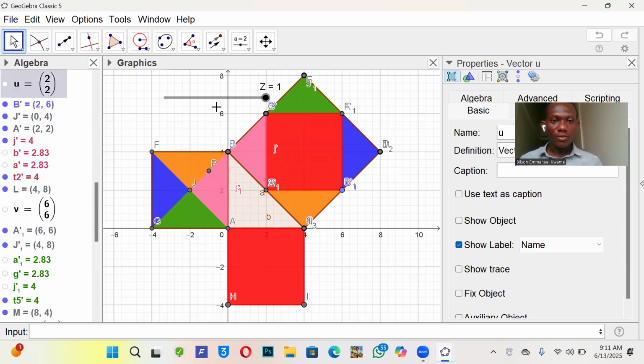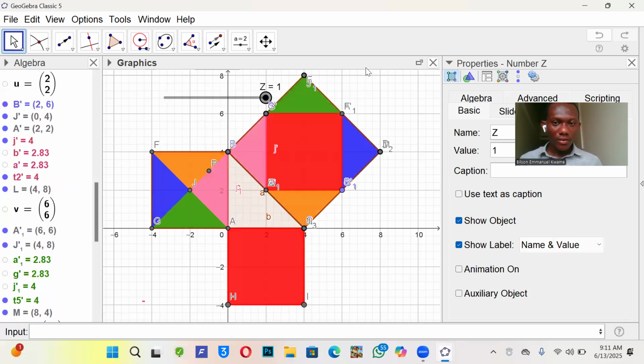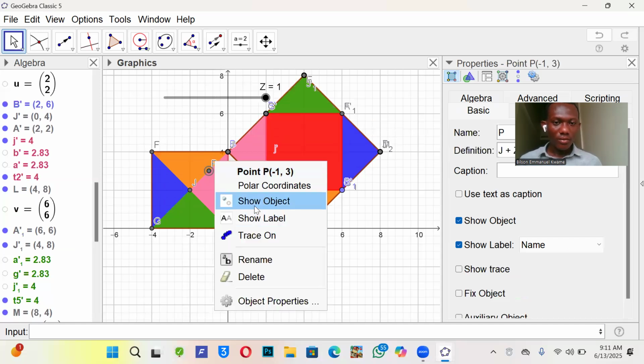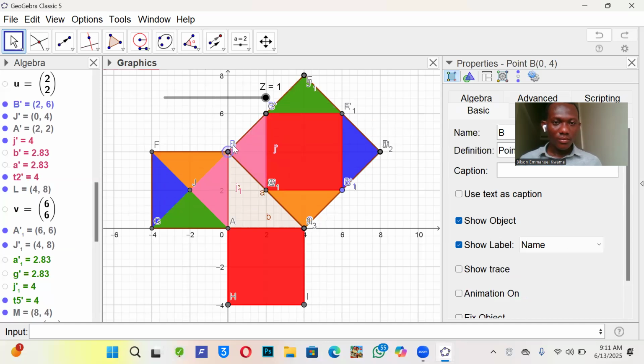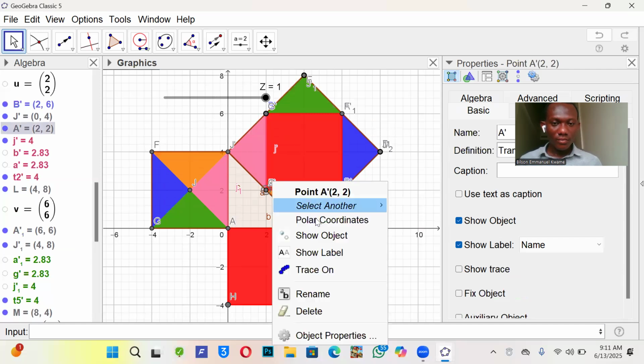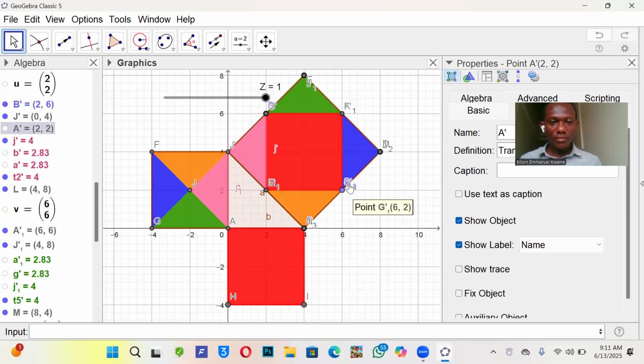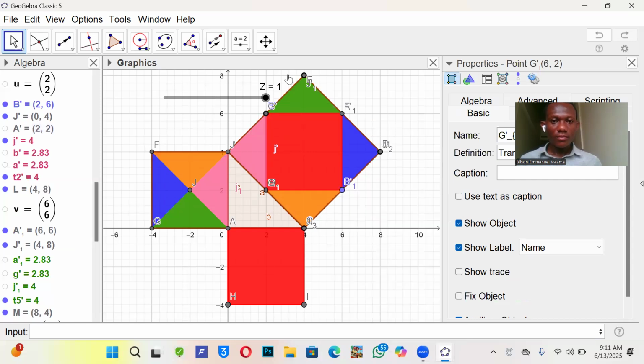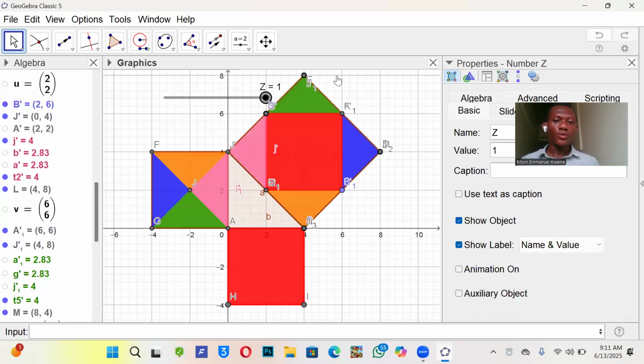Good. Then we hide these symbols too. So this is the last thing that we'll be doing. You can see that we've been able to prove the Pythagoras theorem.